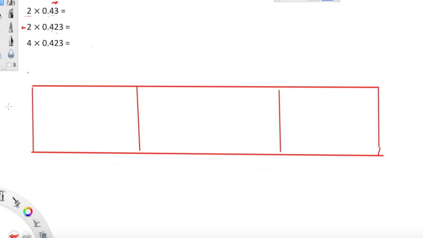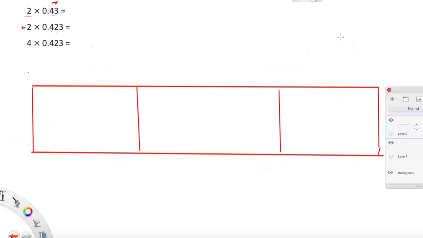Again, we have 2 copies of 423 thousandths. We are going to decompose 423 thousandths into each place value.